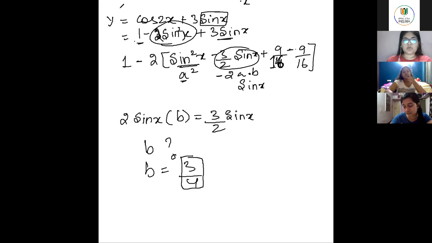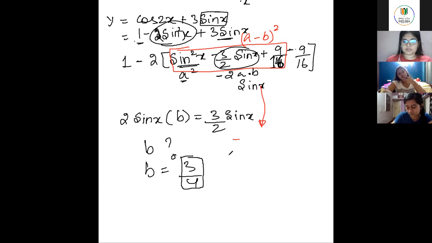Okay, now if you can clearly observe, I have made this in the format of a minus b whole square. Just check, is this equal to 1 minus 2 sin x minus 3 by 4 whole square and minus 9 by 8?